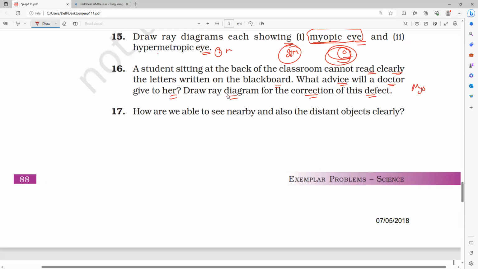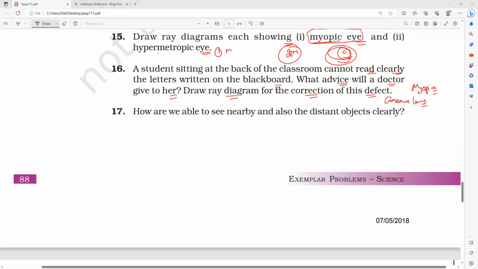Directly I can say it is myopia. She is suffering from myopia, so the doctor advises her to wear spectacles fitted with a concave lens.